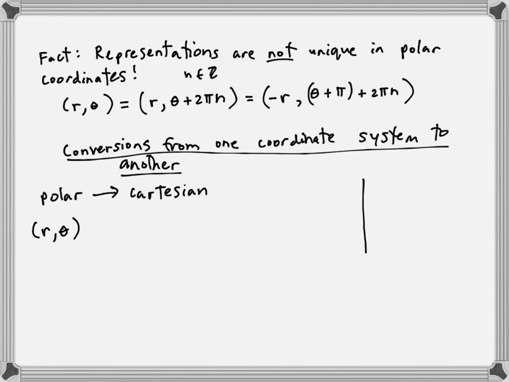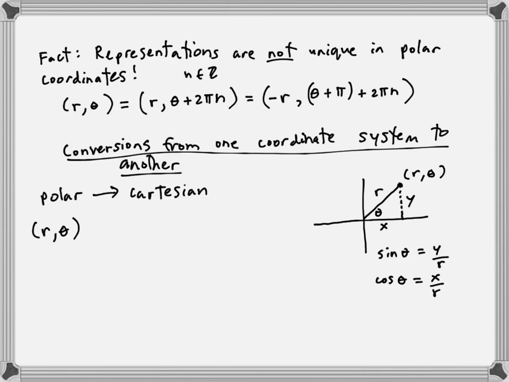So I want you guys to think about this, okay? If we have this point r comma theta here, that means this is r and this is theta. But the idea is that if we were to create a right triangle, then this would be our x coordinate and this would be our y coordinate. So how do we find x and how do we find y? Well, it's true that sine of theta is equal to y over r, and cosine of theta is equal to x over r.